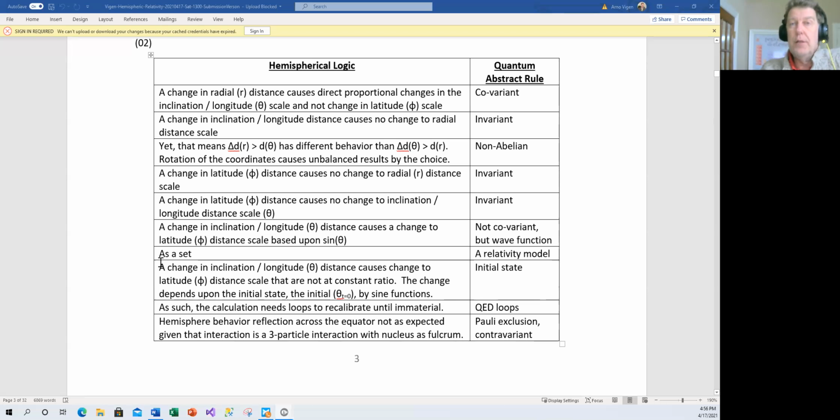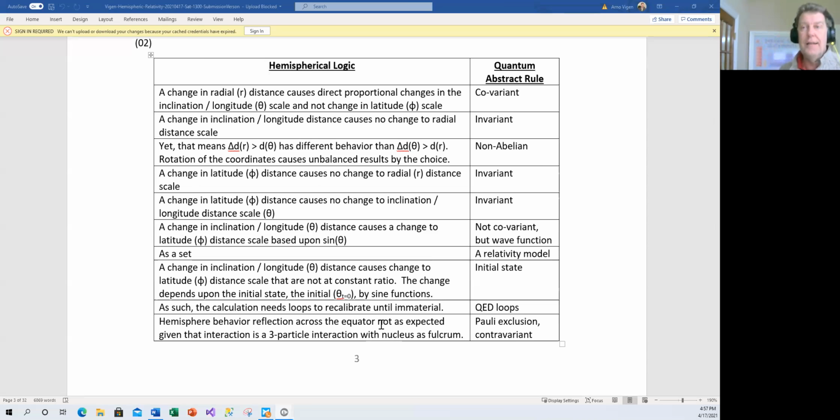And that leads to another thing: if you change the inclination angle, the change to the latitude is not at a consistent ratio. It sort of depends upon the angle that you're at and the initial state. And thereby you get these things called initial loops, both in general relativity and in quantum electrodynamics. And in the final way, hemispheres behave as a reflection across the equator. And so the Pauli pair at 180 degrees, if I move right, the other one moves left.